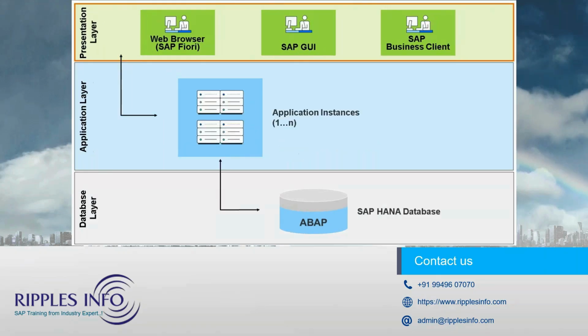And coming to the next layer, the presentation layer, which provides the user interface that is accessed by the end users. So you can say that it is the front-end client. Here you can see that it is typically represented by a thin client. The client contains no application logic, and no data is stored there.